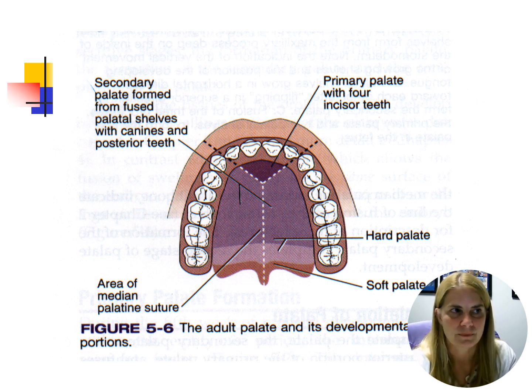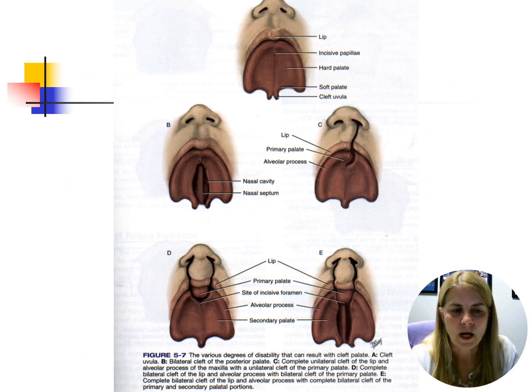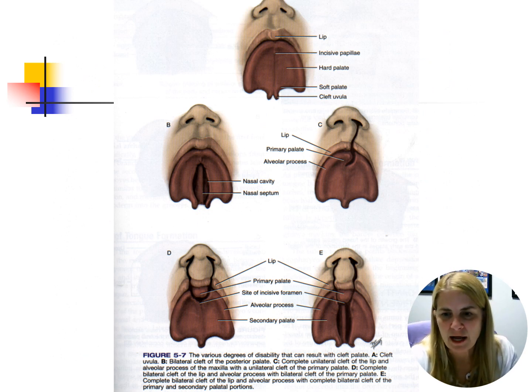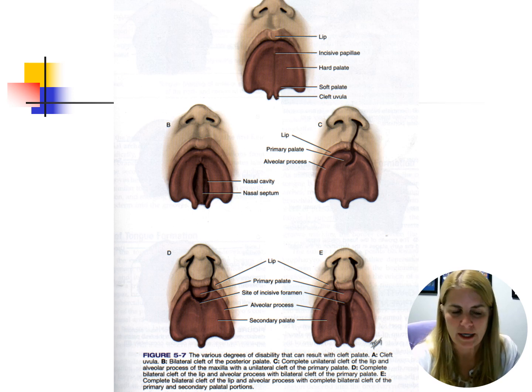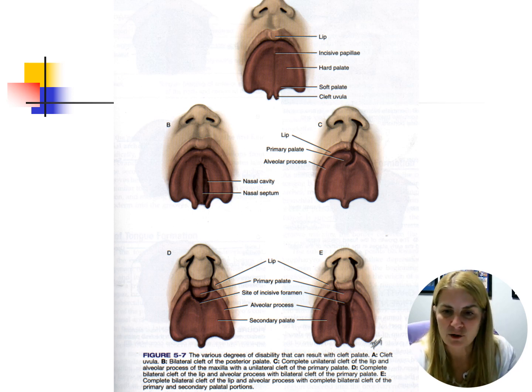We can see the cleft palate, whatever degree there is a failure of the primary or the secondary palate to fuse to some degree. Remember, the cleft lip, we've already talked about that being the failure of the fusion of the maxillary process with the medial nasal processes. In this picture, it shows your left side cleft lip.